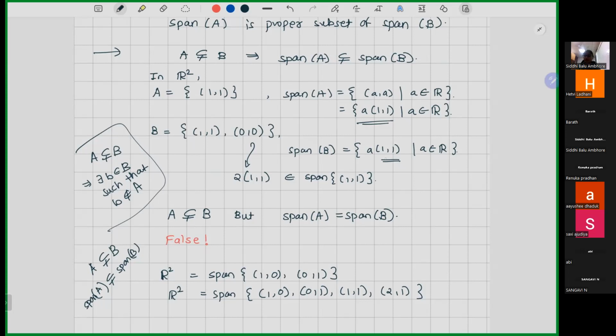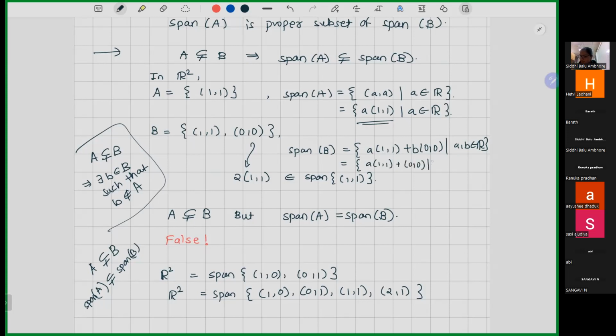And what will span of B be? It will again be a(1,1), because multiplication by 0 will always give me 0, and adding 0 to any element, it will be of this form: a(1,1) plus b(0,0), such that a, b in R.